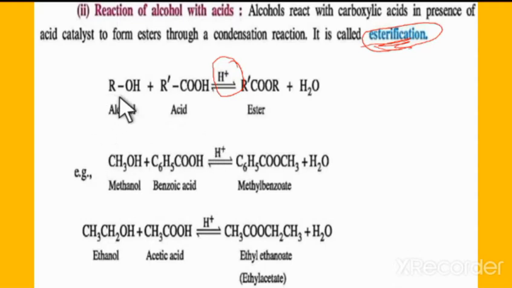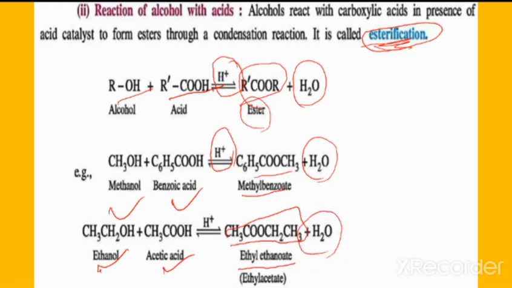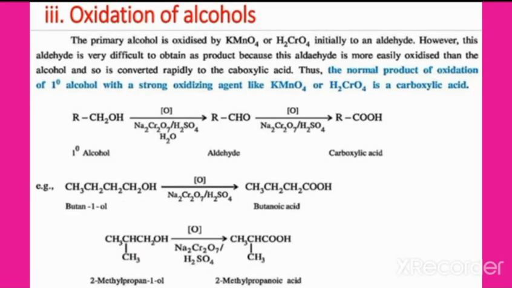For example, when the alcohol ROH is treated with the carboxylic acid RCOOH, it gives the ester RCOOR in addition to water. When methanol is treated with benzoic acid in the presence of a mineral acid, it gives methyl benzoate and water. When ethanol is treated with acetic acid, it forms CH3COOC2H5, ethyl ethanoate, and water. So this is the esterification reaction.